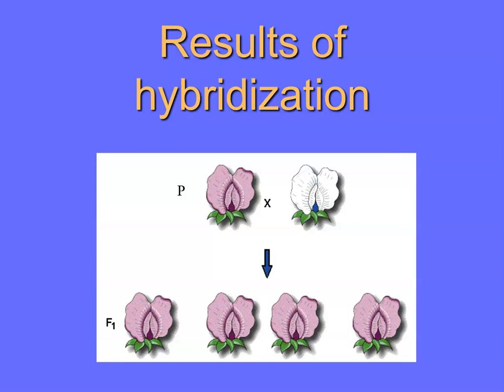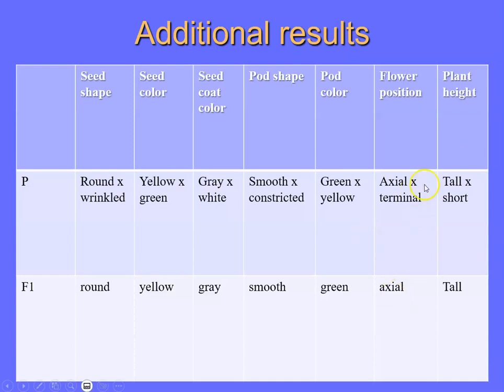Now, remember that there were other easily observed traits in the pea plants besides just flower color. I'm just showing that one here as one example. But in addition to that finding, an interesting trend was seen with the other traits that are heritable. For example, when crossing a round seeded and a wrinkled seeded parent plant, all of the offspring in the F1 generation only had round seeds.